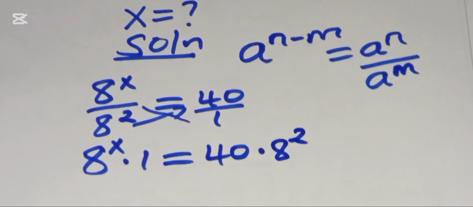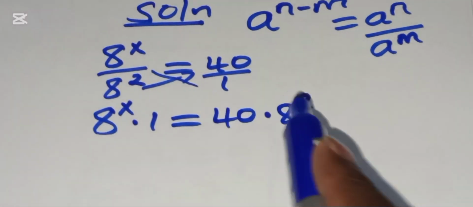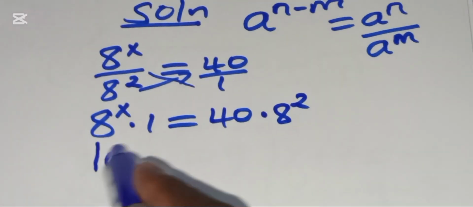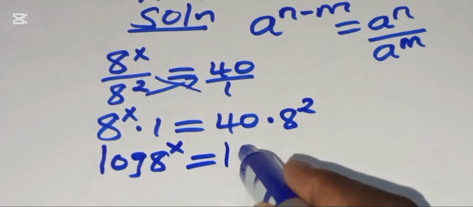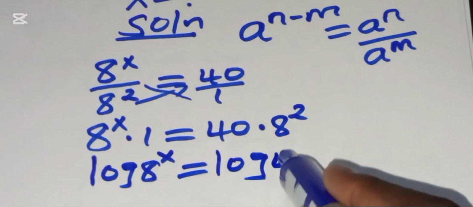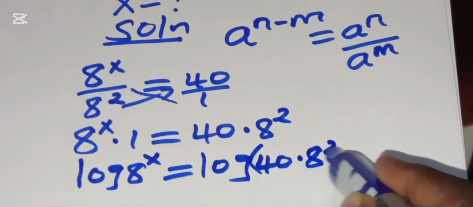Now, to solve for the value of x, we introduce the logarithm, so that we have log 8 raised to power x equal to log of 40 multiplied by 8 squared.